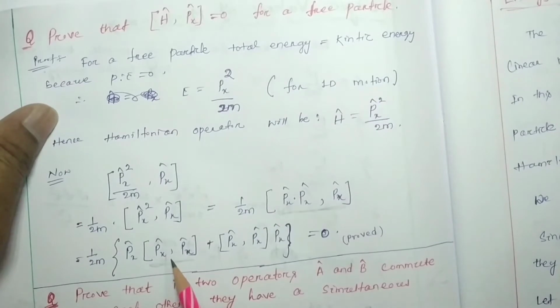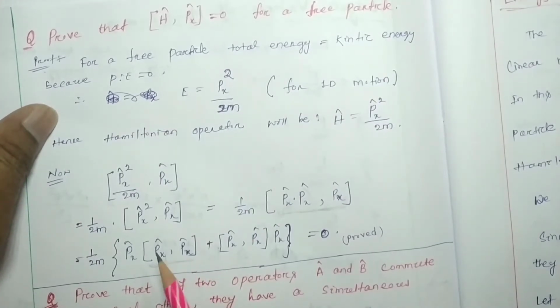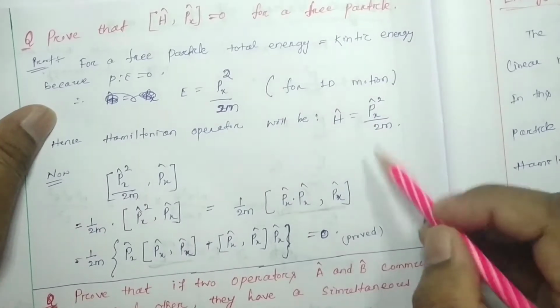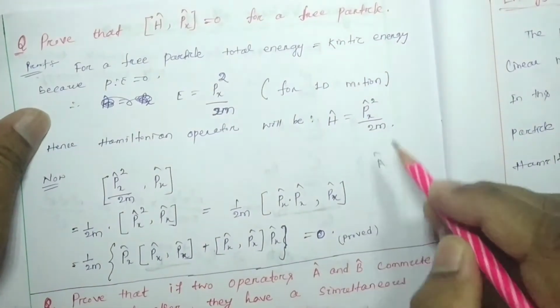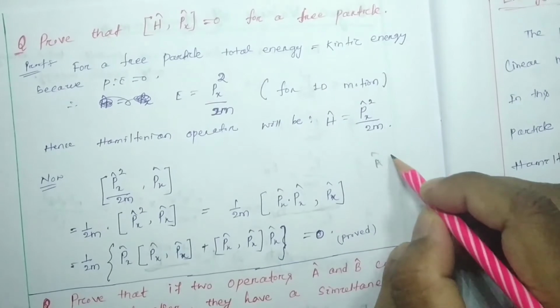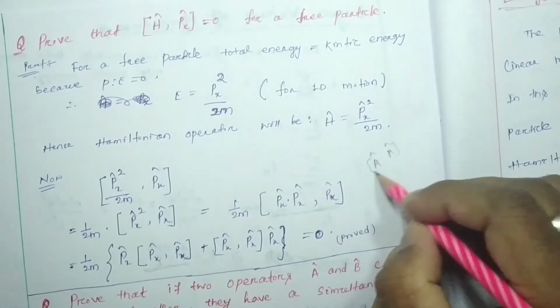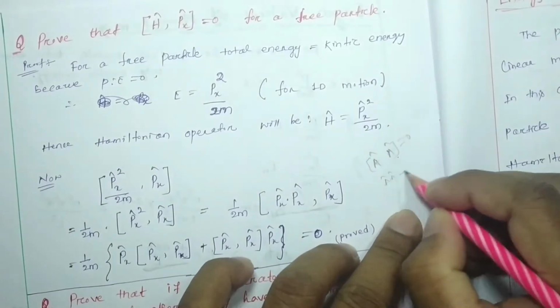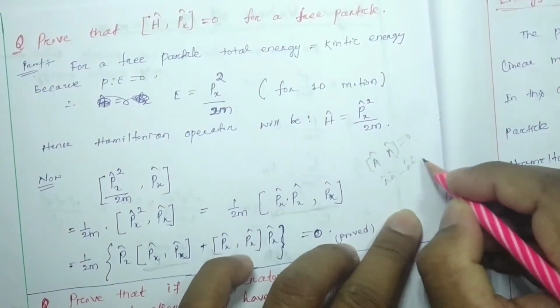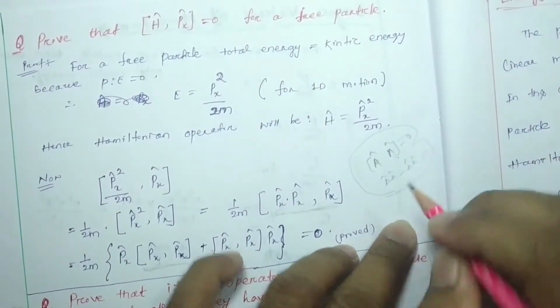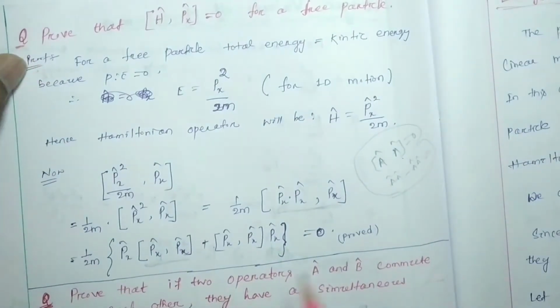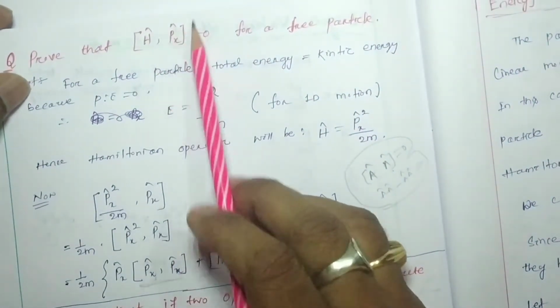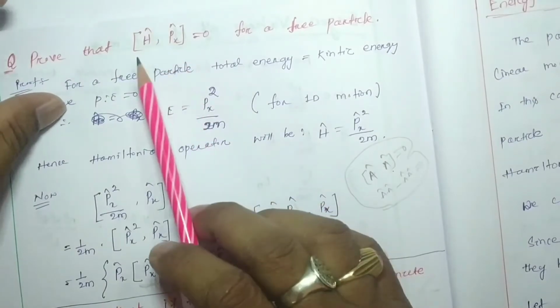Suppose A cap is an operator, A cap always commutes with itself, so [A cap, A cap] will be 0. It is obvious. Hence we found the commutation between H cap and px cap will be 0.